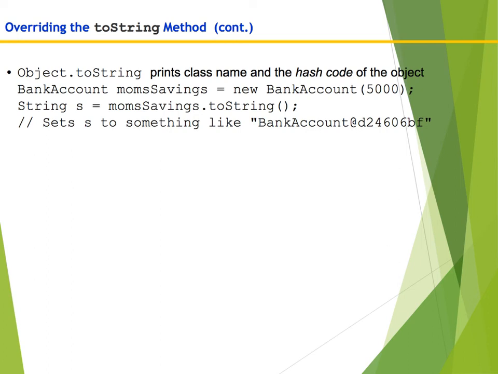So for example, if you create a bank account like momsSavings, and then call toString on momsSavings and set s as a string equal to it, then s would have the following value: BankAccount, which is the name of the class, at sign, and a random number in hexadecimal base.